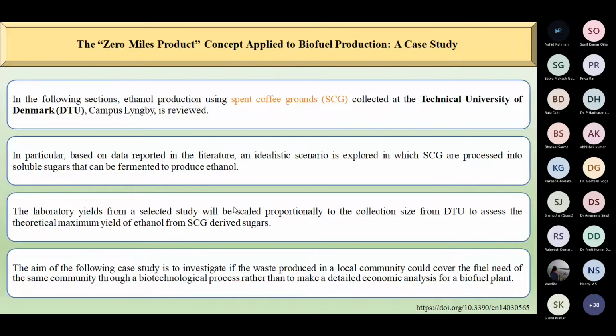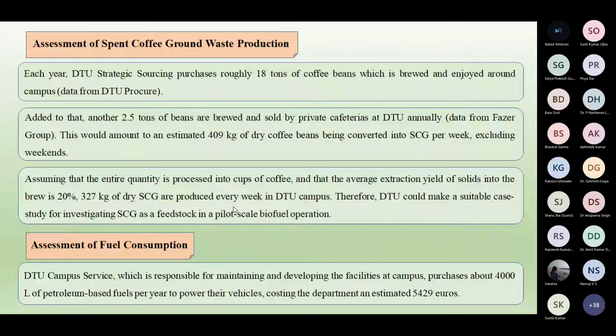They found that 18 ton of coffee bean is brewed in that region, and the solid in the brew is 20%, and they collected 327 kg of dry spent coffee grounds every week on the campus, which is considered a very good feedstock.